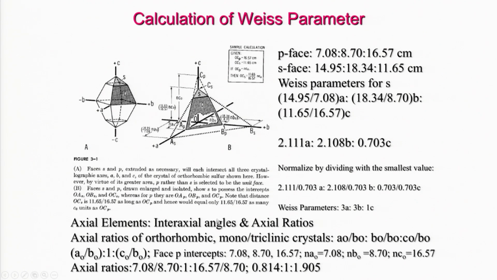In axial ratio, along the A, B and C crystallographic axes, if you have the unit cell lengths A0, B0 and C0, then you normalize these unit cell lengths by the unit cell length of the B axis.